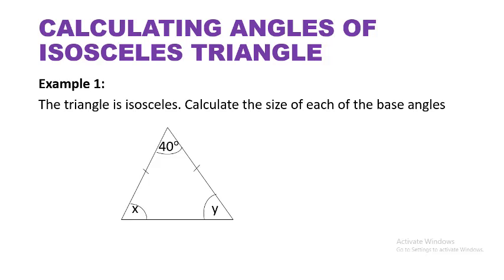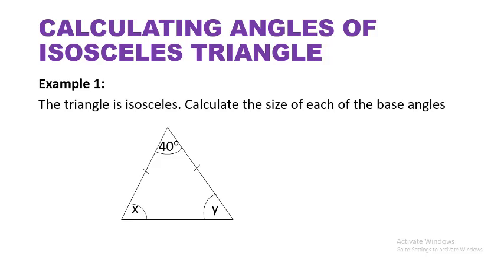So in this triangle, we have been given one angle which is 40 degrees and two unknown angles which are x and y. So here is our work to find the size of these two unknown angles, angle x and angle y.